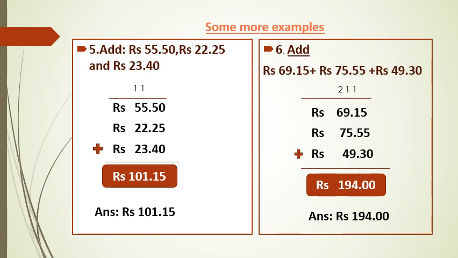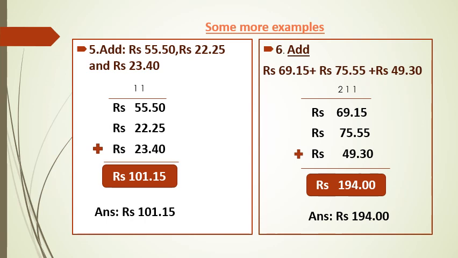How can we do that? Right. We have to place the amounts in two columns. Then we have to write the dots exactly one below another.